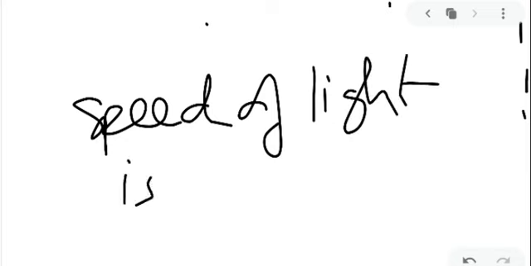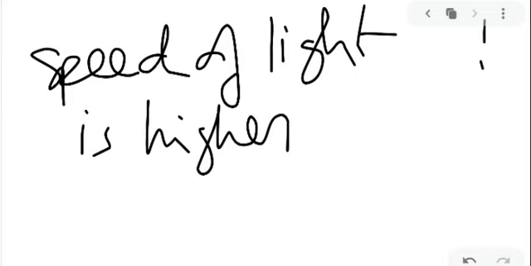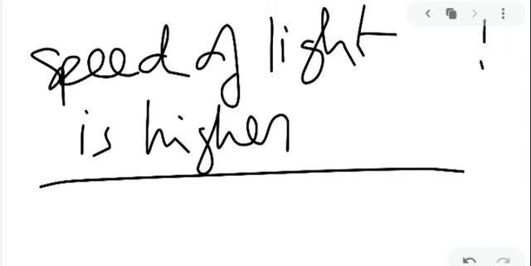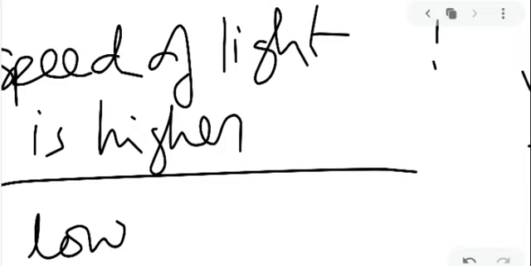When light travels from a medium where the speed of light is higher to a medium where the speed of light is low, where the light travels slower, the ray bends towards the normal.